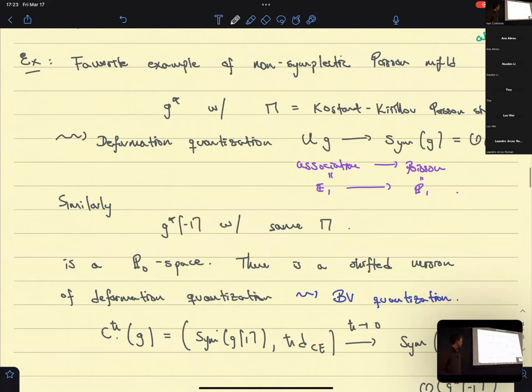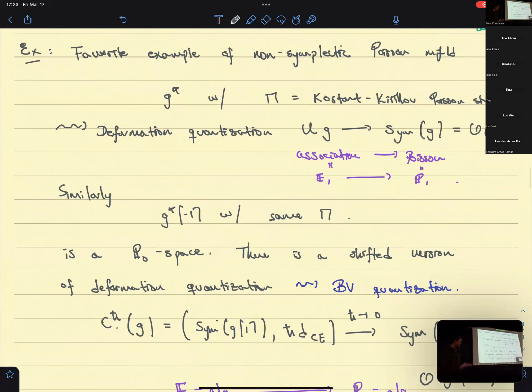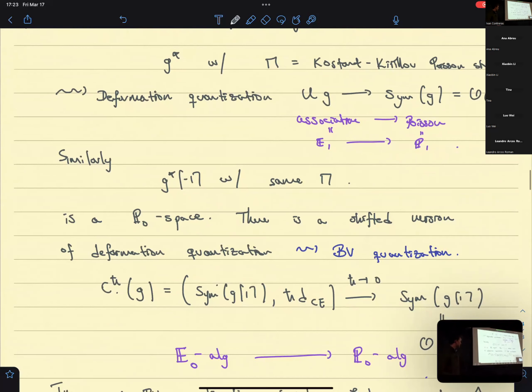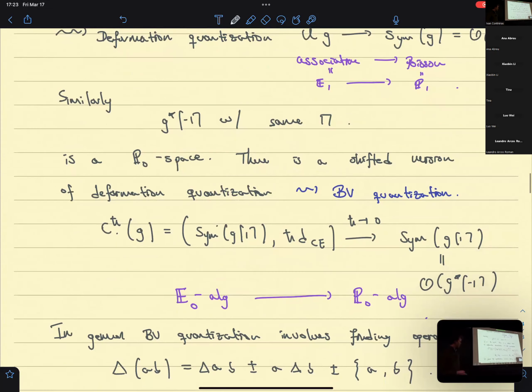And there's a shifted version of BV quantization that produces another natural object in Lie theory. And that's called the Chevalley-Eilenberg homology, or the Lie algebra homology. And at the cochain level, it's the Chevalley-Eilenberg complex, concretely. And as h bar goes to 0, here the deformation quantization parameter appears in the differential, as opposed to the associative case where the h bar will appear in the product, the commutator.